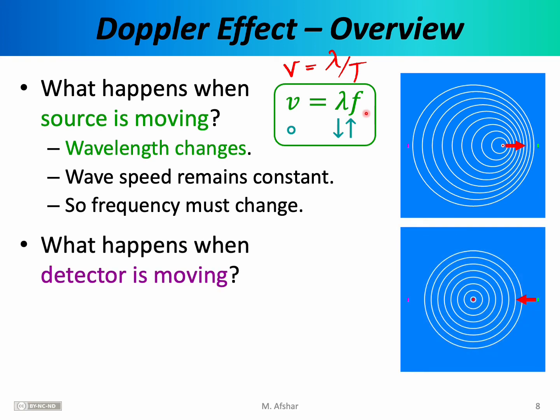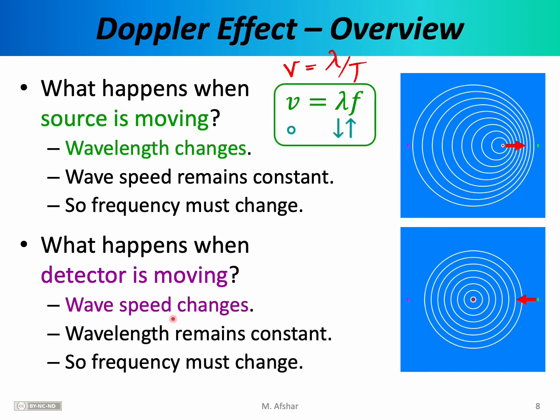Of course, we've really only discussed half of the Doppler effect. We've been talking about what happens when the source moves, but what happens when the detector moves? So here you can imagine the source is at rest and one of the detectors is moving towards the source. In that case, what changes is the wave speed. So as the detector begins to rush towards these wavefronts, the speed that he measures for these wavefronts changes.